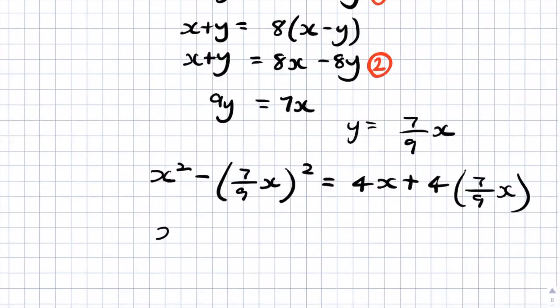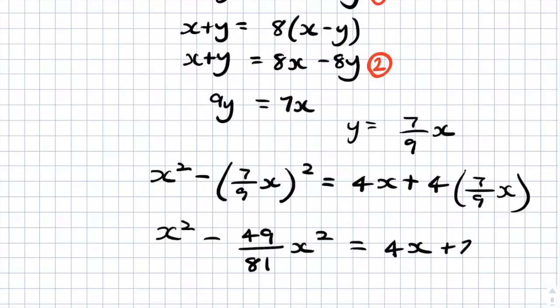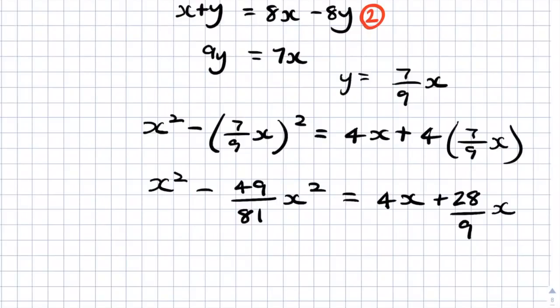x. So that's x squared minus 49 over 81 x squared equals 4x plus 28 over 9 x. And you know that this is going to simplify to 32 over 81 x squared.